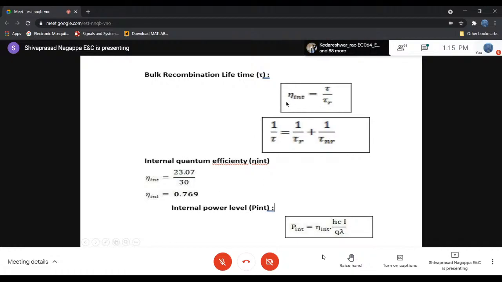The internal quantum efficiency formula is efficiency internal equal to tau by tau r. If you substitute, you'll get 0.769. Internal power level will be equal to efficiency into hcI by q lambda, just like the previous problem.